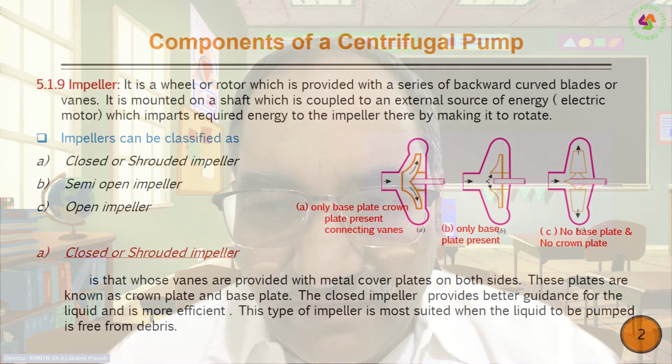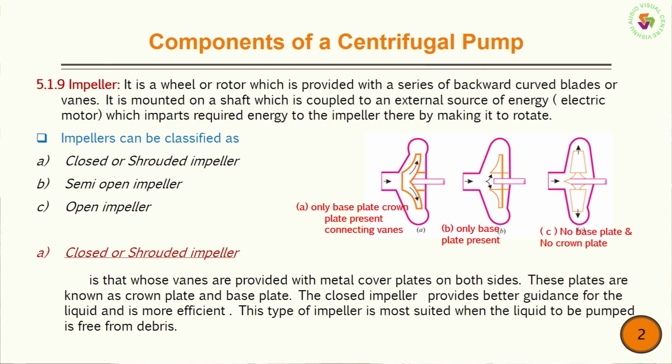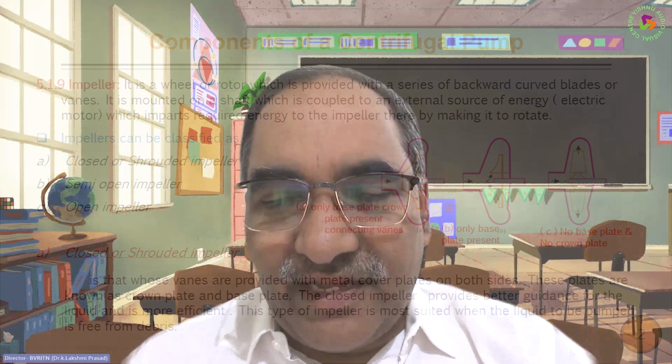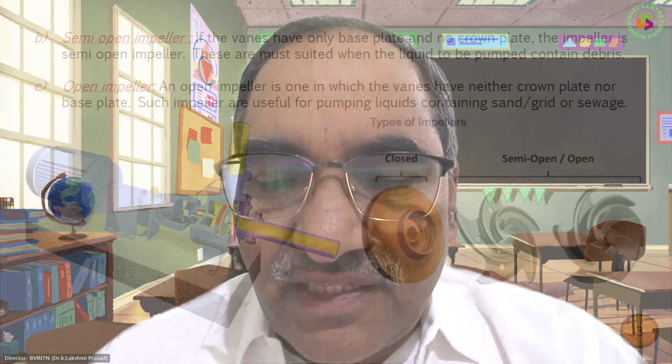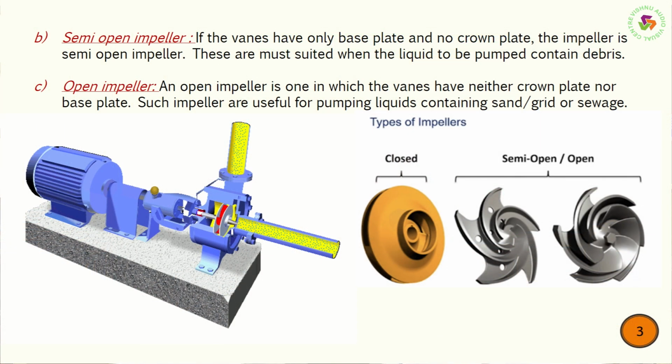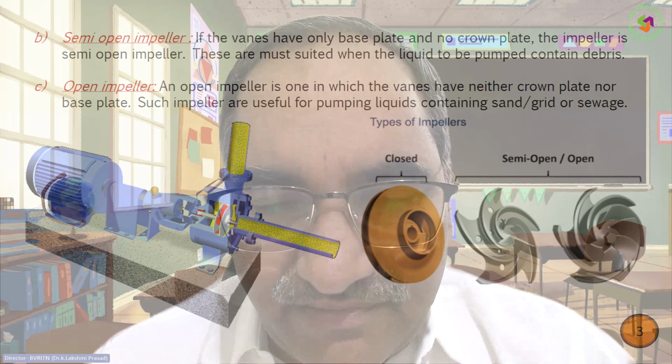And if we see each component one after the other, the impeller is mainly rotated by the energy supplied from the motor. There are different types of impellers. When the impeller is rotating, the water which comes from the suction pipe comes in contact with the rotating impeller.